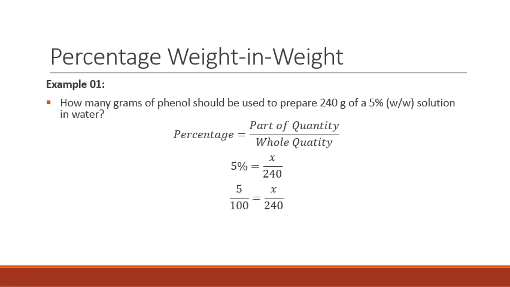So if we calculate further, x will be equal to 5 into 240 divided by 100. So x will be equal to 12 gram. So we will require 12 gram of phenol to make 240 gram of 5% solution in water.